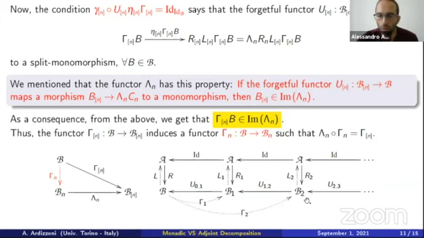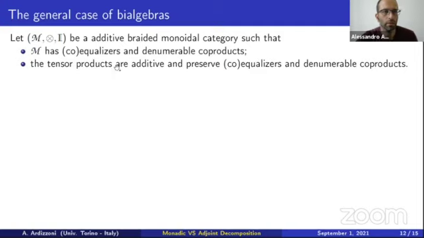So now we look for an example where this applies. And this example is given by taking an additive braided monoidal category endowed with both equalizers and coequalizers, and the numerable coproducts.